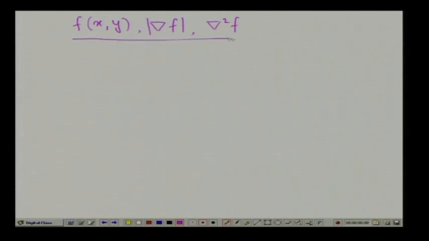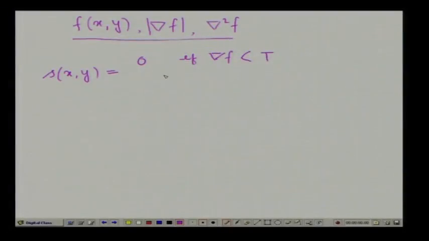From these three, I can create an image which is say s x y, and we will put s x y equal to 0 if gradient of f is less than some threshold t. It indicates that, as we have said, on the edge points or the points near the edge, the gradient value will be high. So, if the gradient value is less than some threshold t, we assume that this point does not belong to an edge, or this point is not even within a region near the edge.